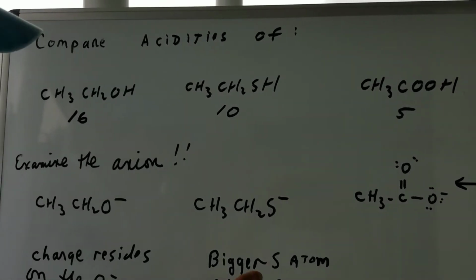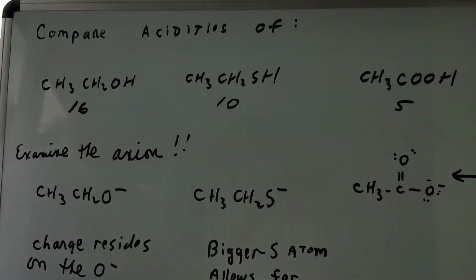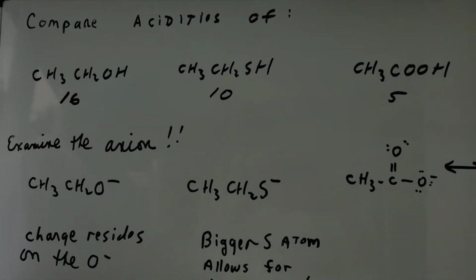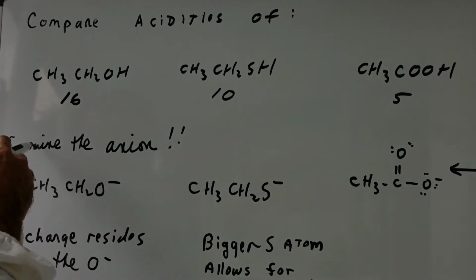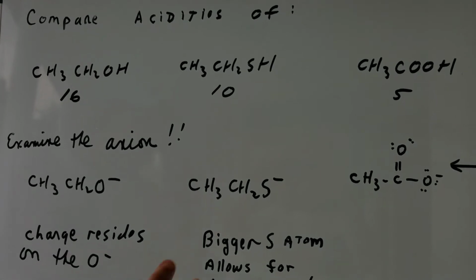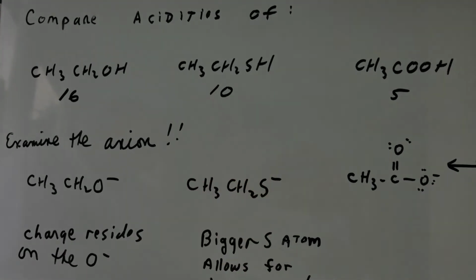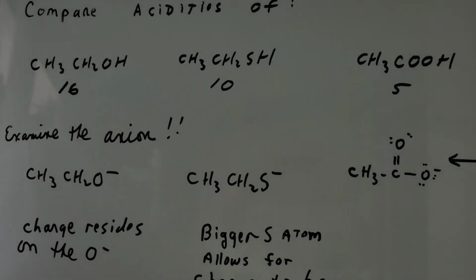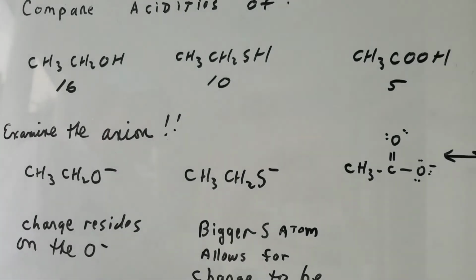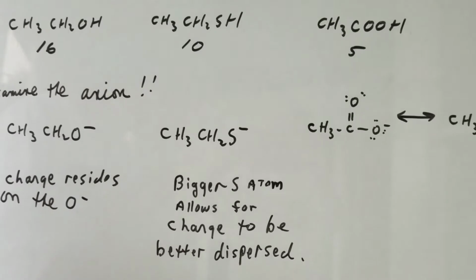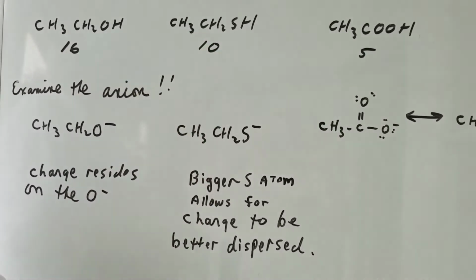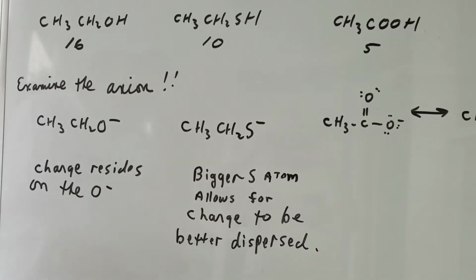It's bigger, and therefore it will allow this negative charge to be spread out or dispersed to a greater extent. If we examine the anion, it's better to have the negative charge dispersed over a large area. That would cause this to be more stable. If the anion is more stable, that means the compound is going to be more acidic.